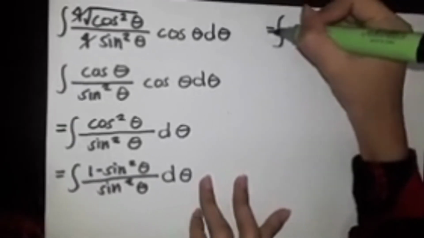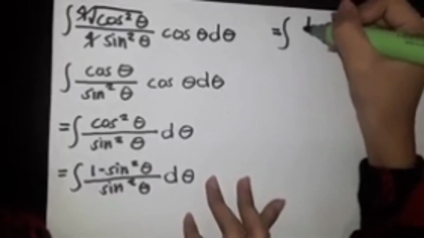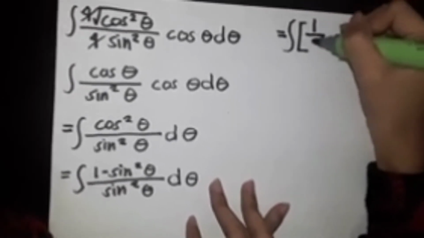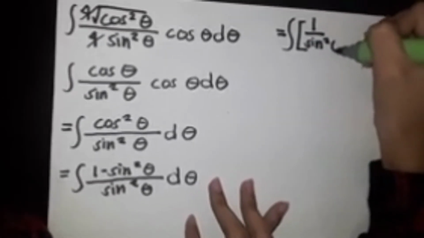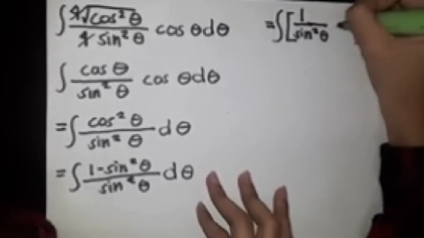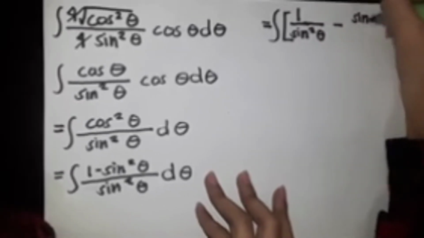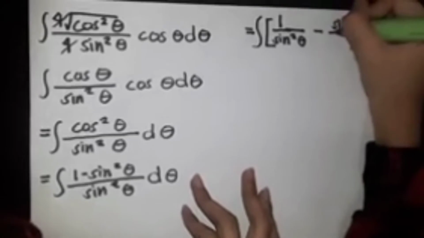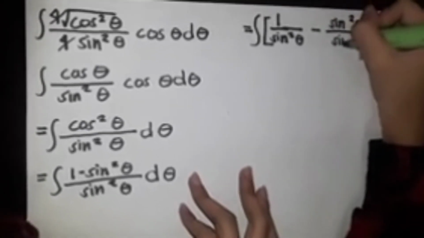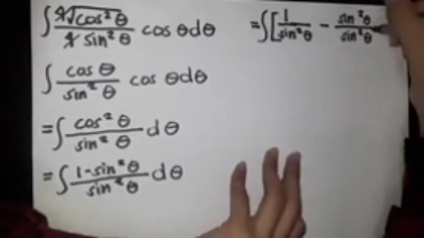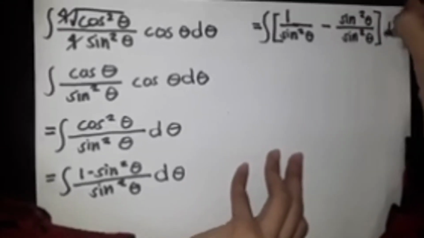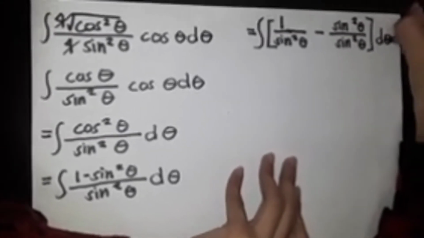Now, we can split the two fractions. So we can divide 1 by sine squared theta minus sine squared divided by itself, d theta.